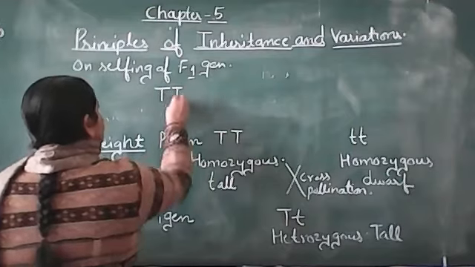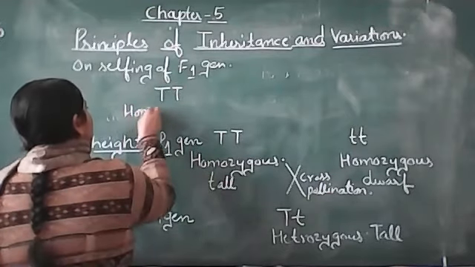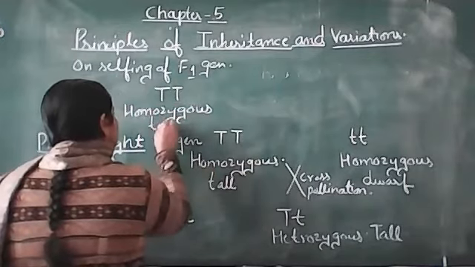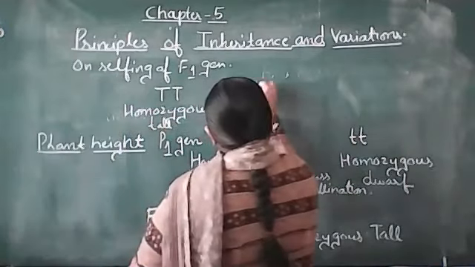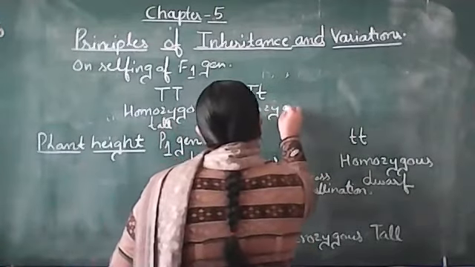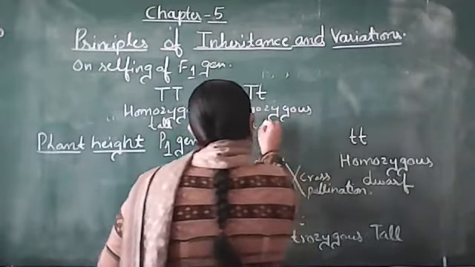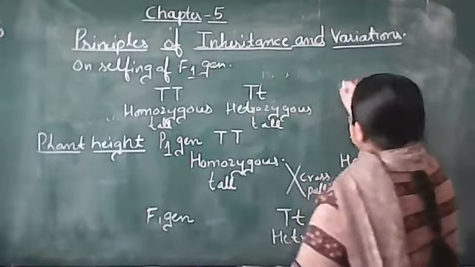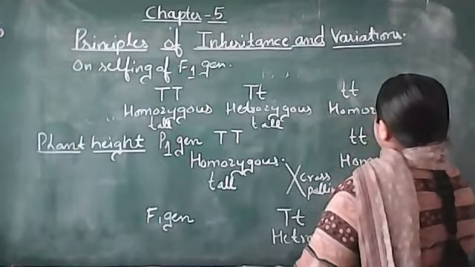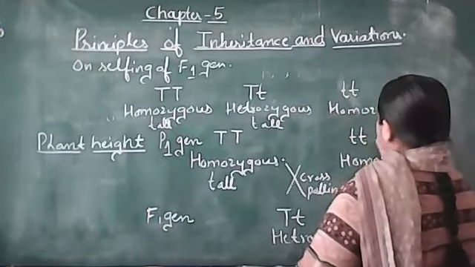One is capital T, capital T, these are the homozygous tall plants. Another is capital T, small t, these are heterozygous tall, and another is small t, small t, so these are homozygous dwarf.